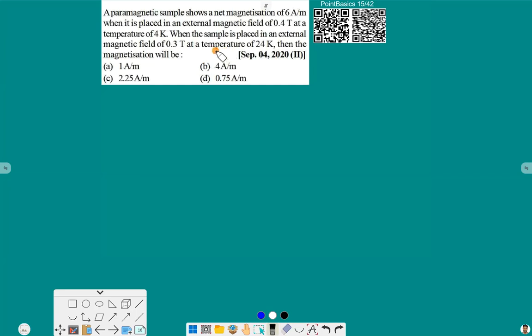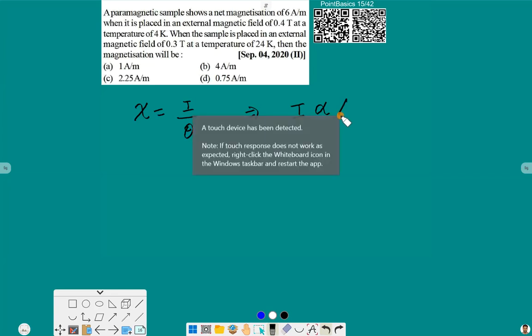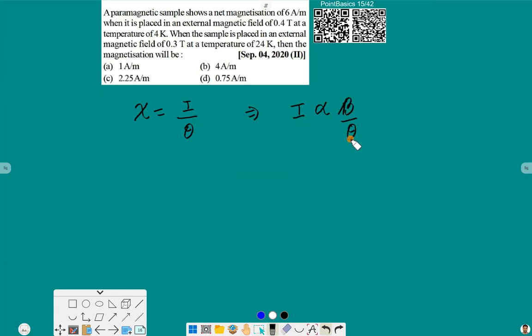So we have to compare magnetization and temperature, and that can be done with the help of Curie law. From that we know that chi is equal to I by theta. Or in a better form, we can write Curie law like this: intensity of magnetization is proportional to magnetic field by temperature theta.